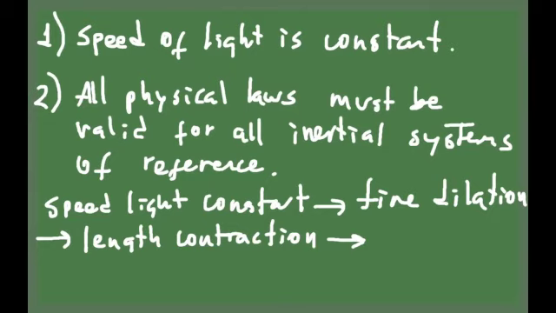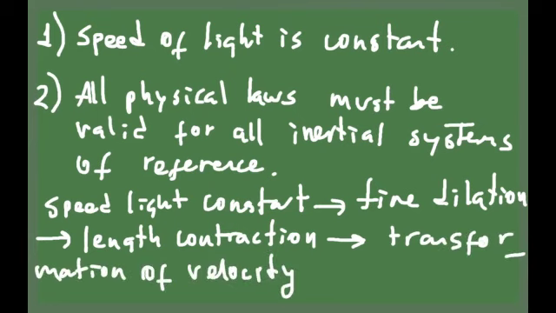So length contraction, from this he arrived at the transformation of velocities, and from this, using that equation for transformation of velocity and conservation of momentum for a situation of two objects having an elastic collision, conservation of energy and conservation of momentum, from those equations you can arrive at the conclusion that the mass of an object depends on its velocity.